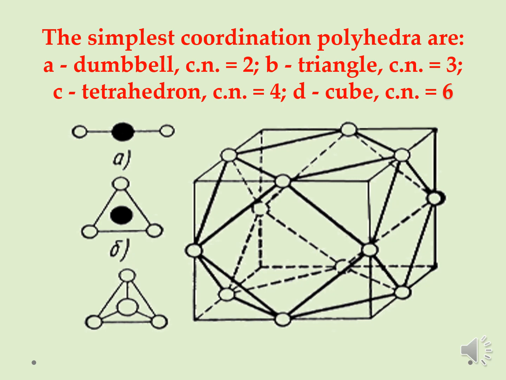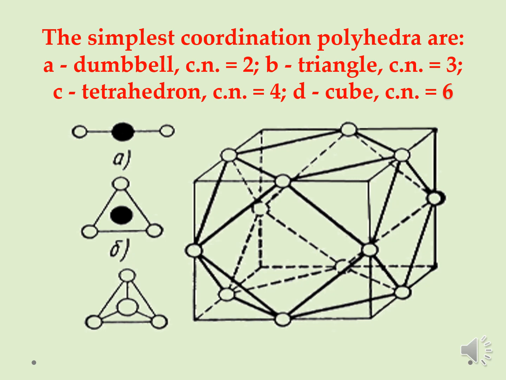If the centers of these atoms are mentally connected with each other by straight lines, in the general case a coordination polyhedron is obtained. The atom for which the polyhedron is constructed is located in the center. The coordination polyhedron does not reflect the external structure or shape of the crystal and does not coincide with it.